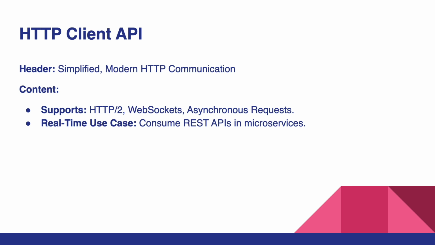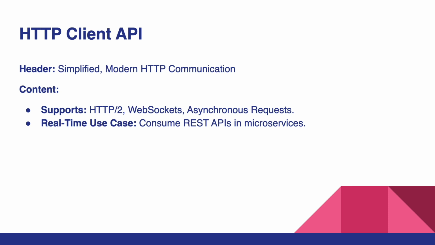HTTP client API. The new HTTP client API in Java 11 is a game changer for modern web communication. Supporting HTTP/2 and WebSockets, this API offers a streamlined and reactive way to consume RESTful services.